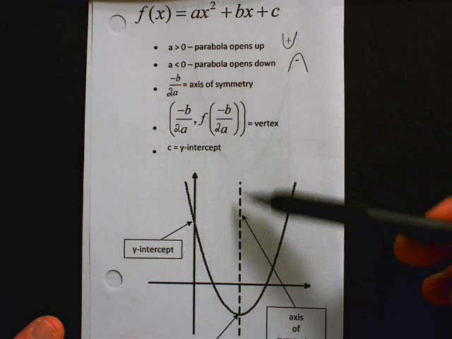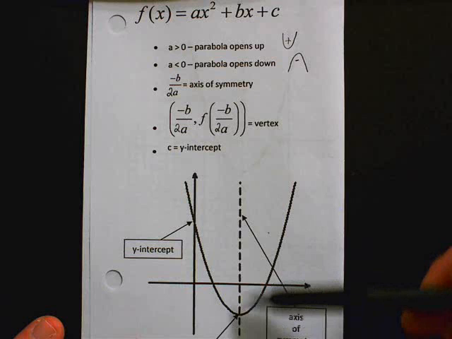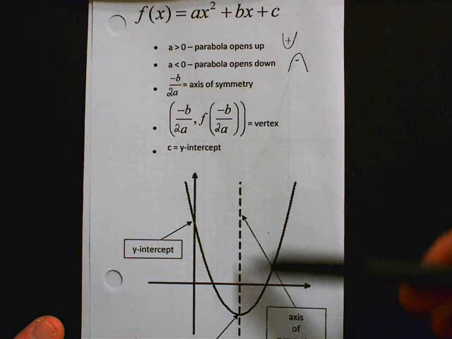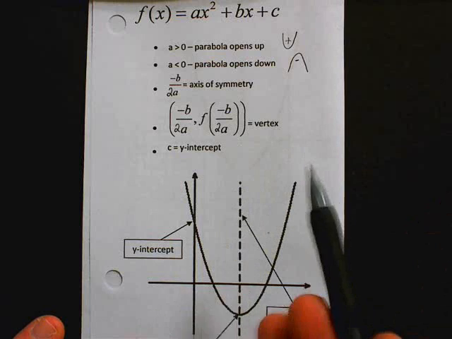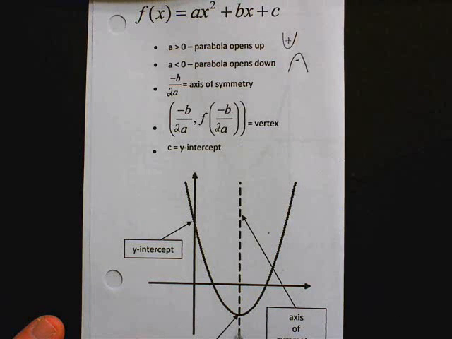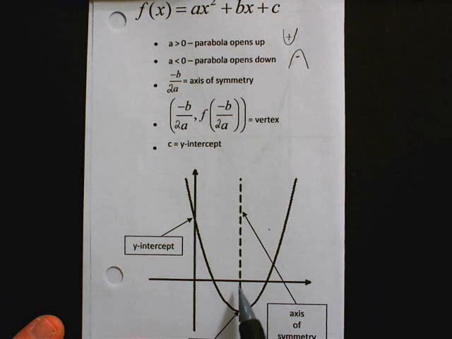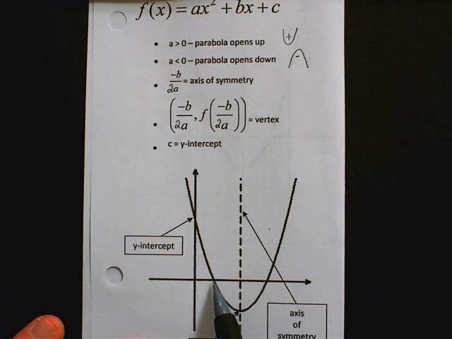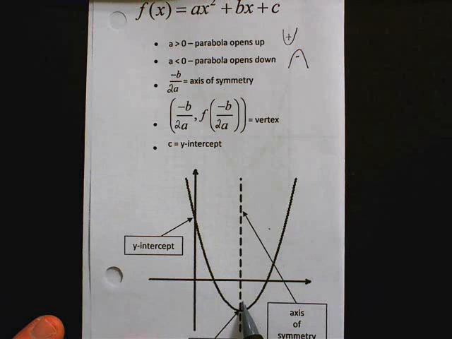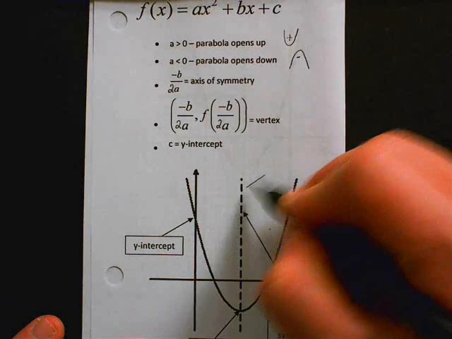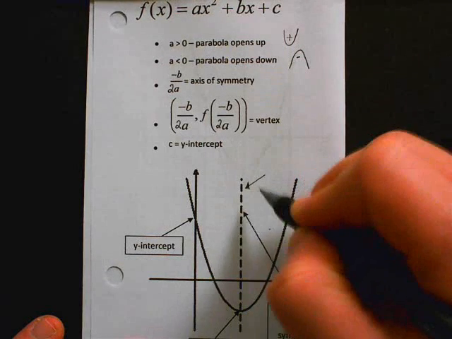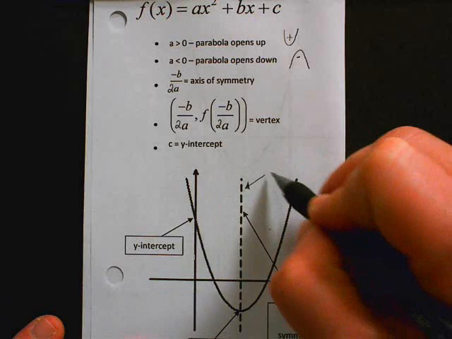Also, as you can see, there's a line, and we call that line the axis of symmetry. It works like a mirror, because this side is a reflection of this side. The equation of this line of symmetry is x equals negative b over 2a.